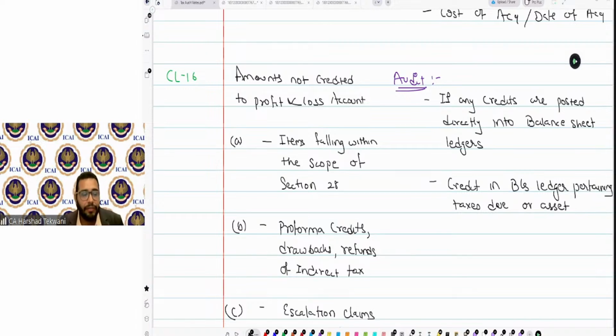If that is a refund of indirect taxes, pro forma credits, or drawbacks, then yes, it is required to be reported over here.